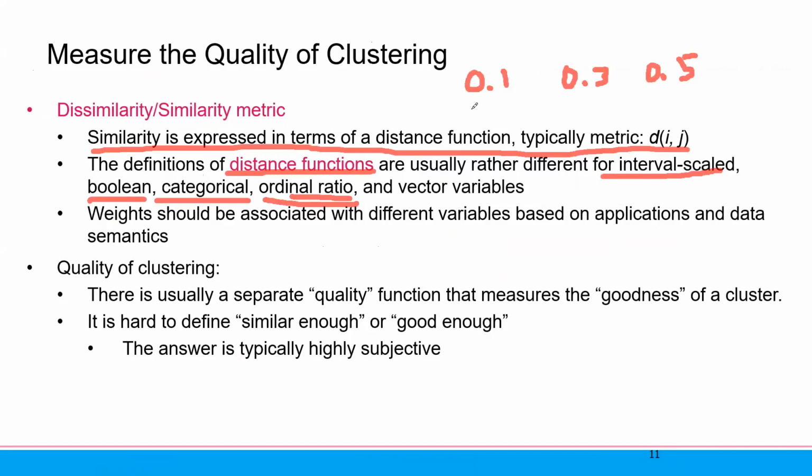The smallest maybe indicates something low, the highest indicates something high. Or we can also have a distance function if it is related to factor. So they are different and they give you different results, which should be associated with different variables based on the application and the data semantics.